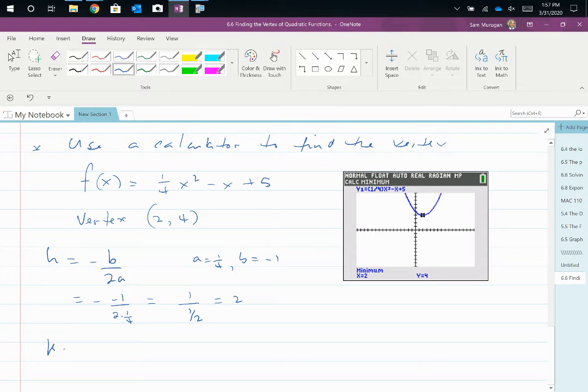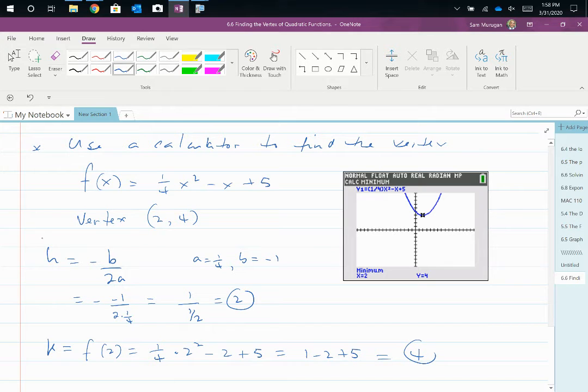And substitute into k. We have f of 2 is equal to 1/4 times 2 squared minus 2 plus 5, which is equal to 1 minus 2 plus 5, which is equal to 4.